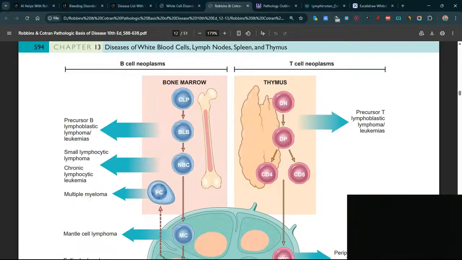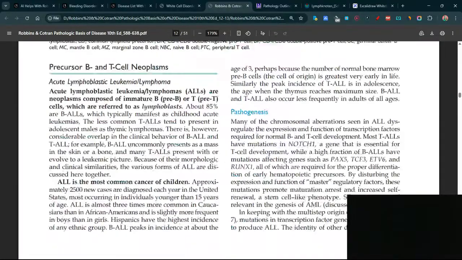But non-Hodgkin lymphomas are unpredictable and jump around the body and spread widely very early. So Hodgkin is orderly and non-Hodgkin is disorderly.